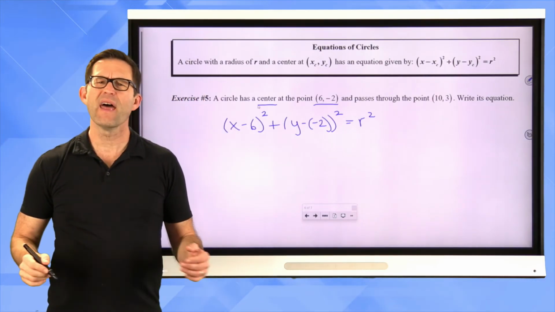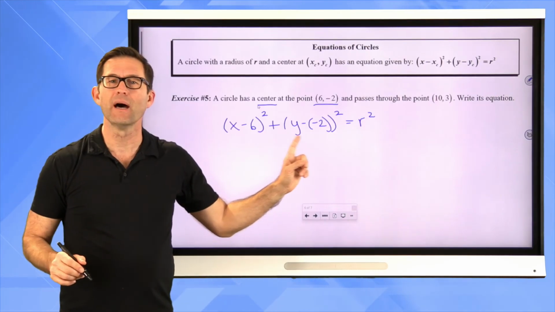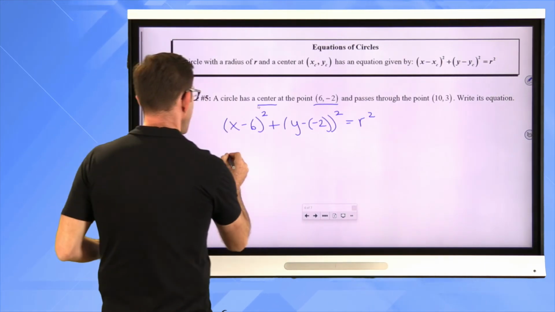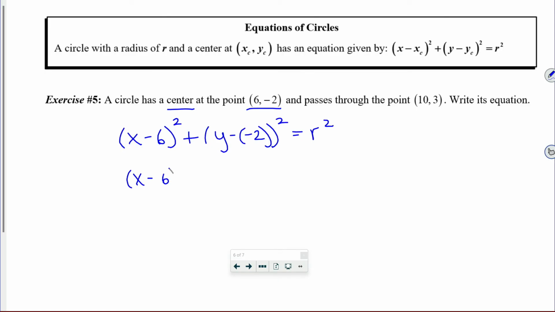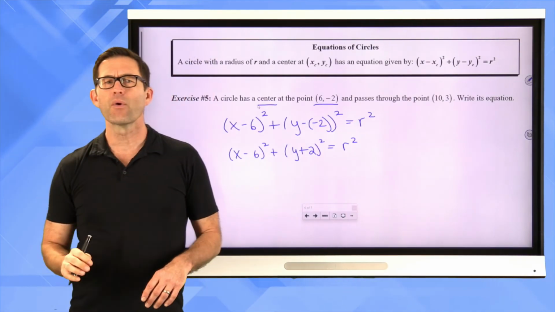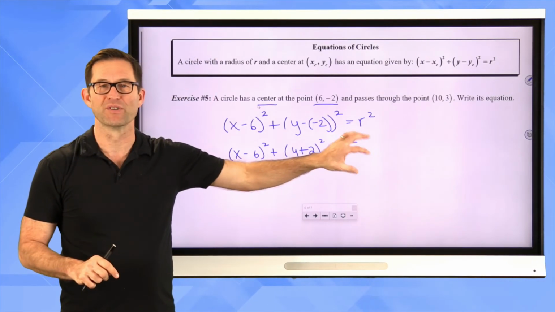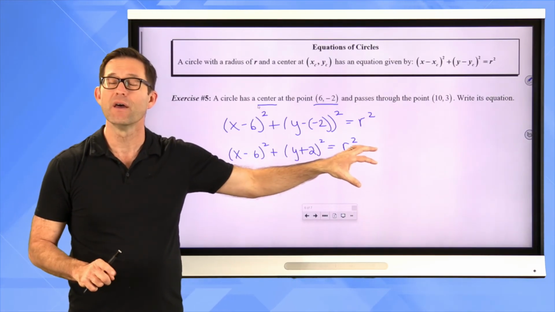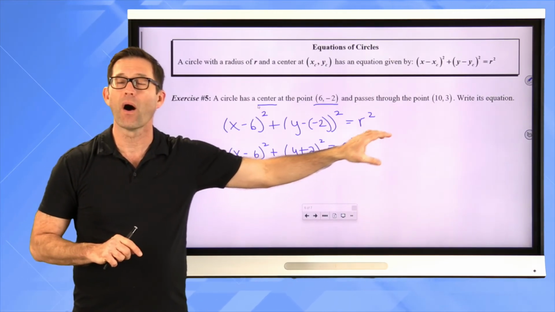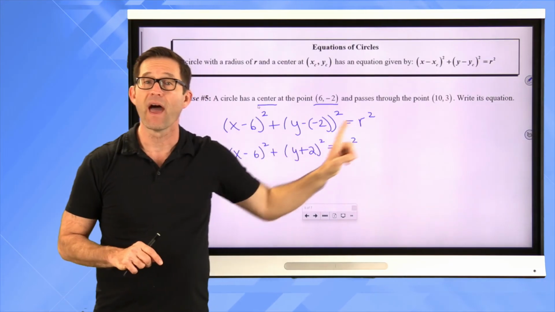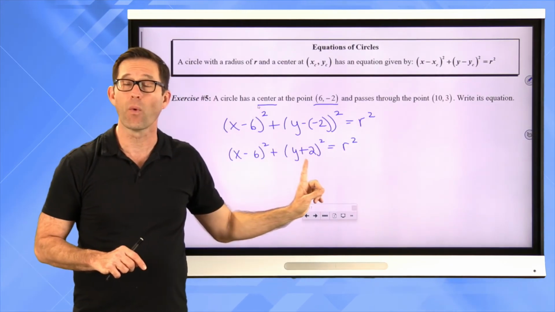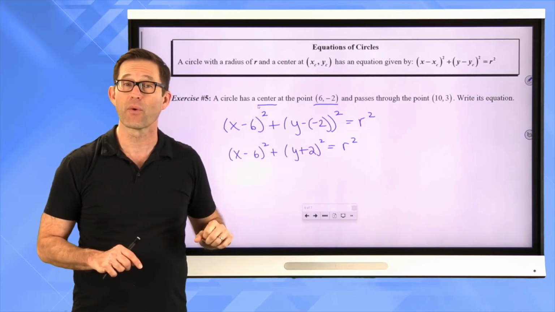Now, this I might want to clean up a little bit. So I'm going to have x minus 6 squared plus y plus 2 squared is equal to r squared. Now, in order to finish this, I have to have a number sitting over here, whatever it is. But the cool part is now I can take that point and substitute it in for x and y and I can figure out the rest.